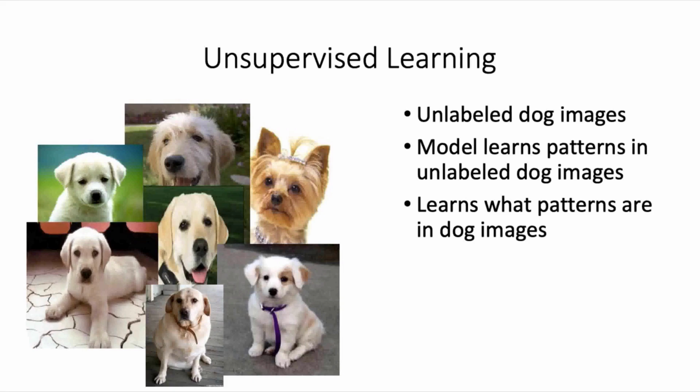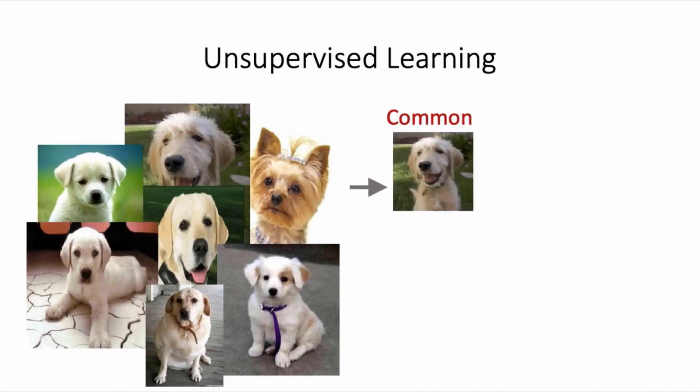So we train our unsupervised learning model by giving it lots and lots of images of dogs that do not have labels, and we do not tell it explicitly this is a dog versus not a dog. We just show it lots of images of dogs. And the unsupervised learning model's job is to learn what patterns are present in this data set and keep track of how likely different patterns are. And because our training data is entirely a sample of dogs, the data itself will naturally have in its distribution images that are most dog-like be most prominent, and very few images that are not dog-like.